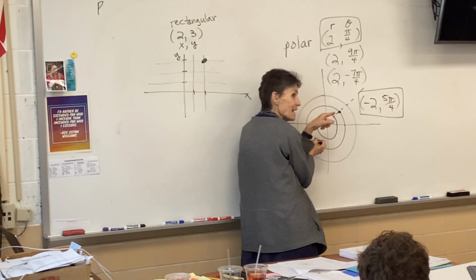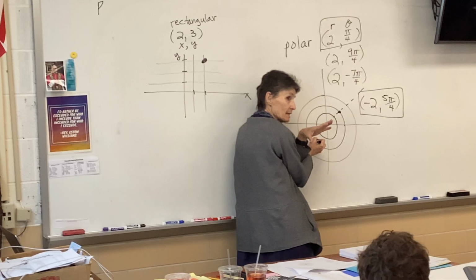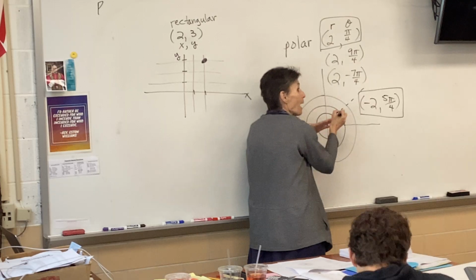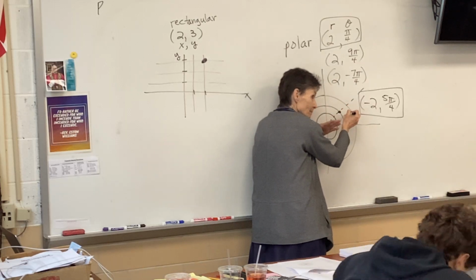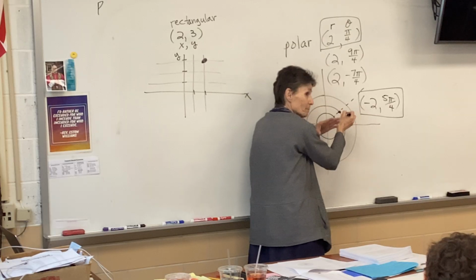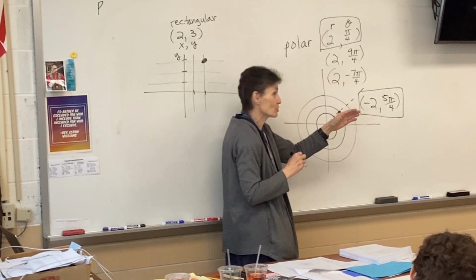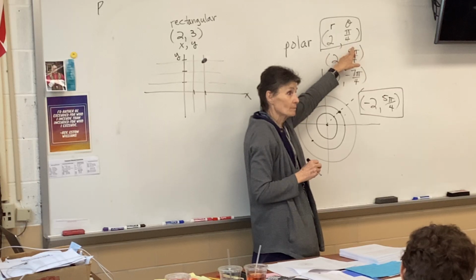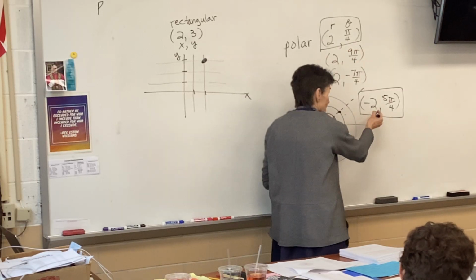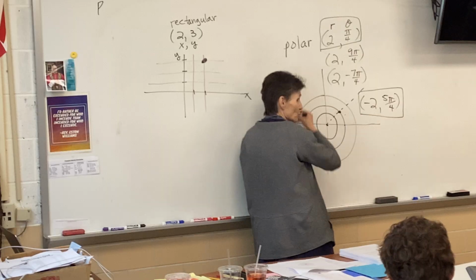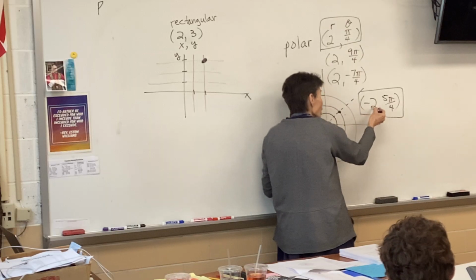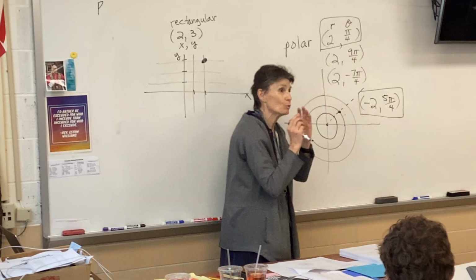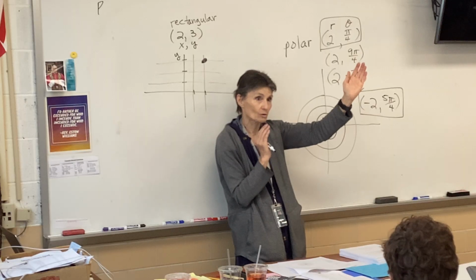But because r is negative, it goes to the opposite side of the circle. And where would that put me then? If I went to the opposite side of the circle, wouldn't I be at pi over 4? So if your theta is negative, that just means you go this way. If your r is negative, that means you go to the opposite side of the circle.